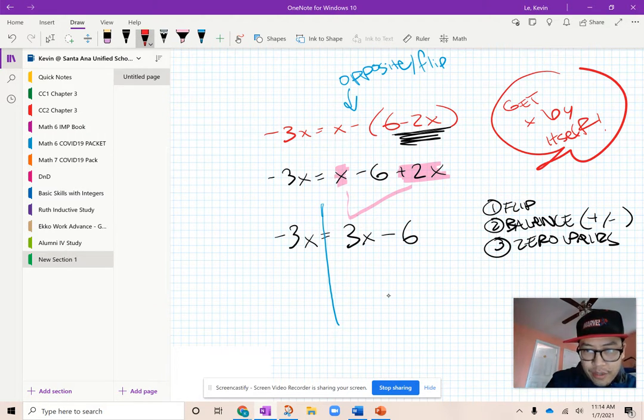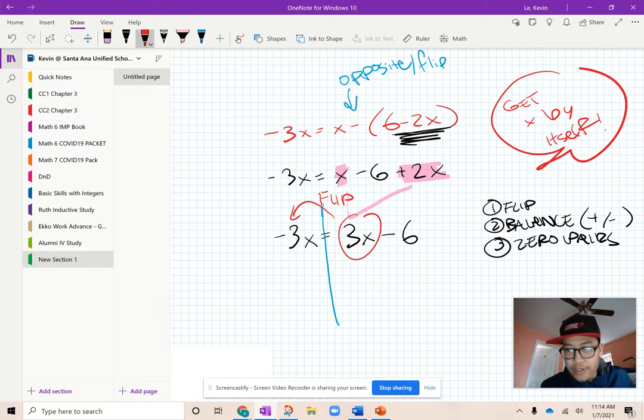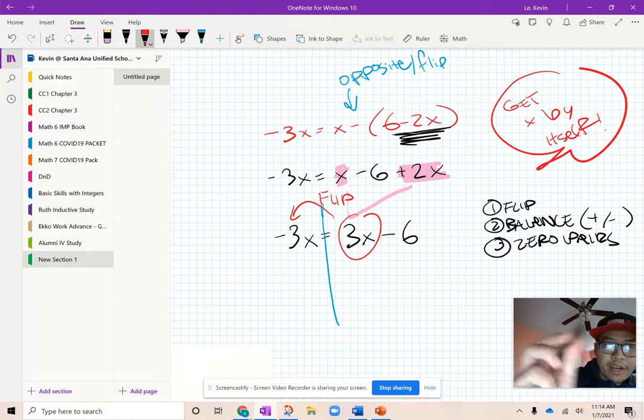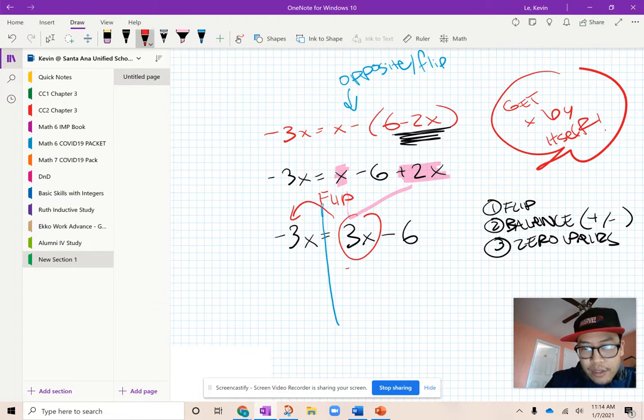So I'm going to flip this to the other side. Now, if I flip positive 3x to the other side, what do I get? I get another negative 3x, right? So if I had to show you in writing form what that looks like, you can subtract 3x from both sides. This is also known as a remove balance as well, but that works as well.